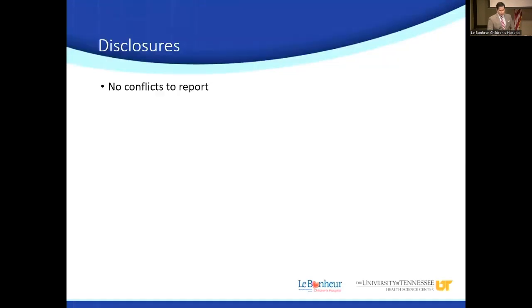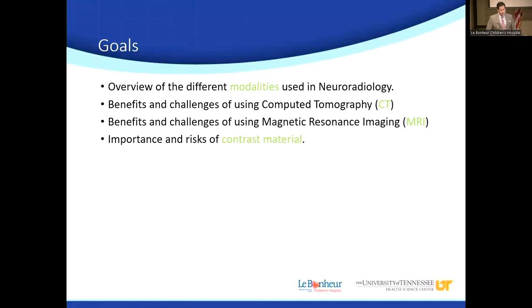I don't have any disclosures. So the goals are, first, doing an overview of the different modalities, then talking about the specific benefits and challenges using CT, same thing, benefits and challenges using MRI, and the importance and risk of using contrast material.